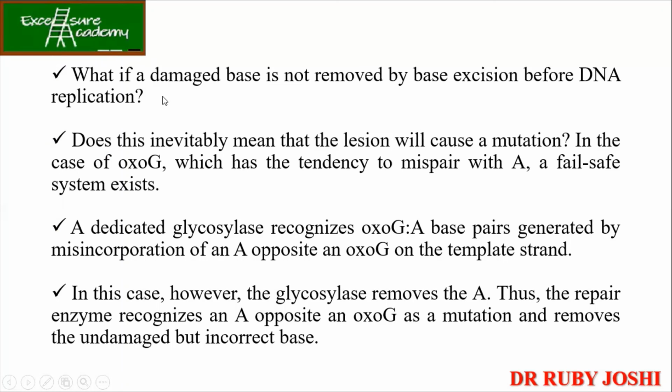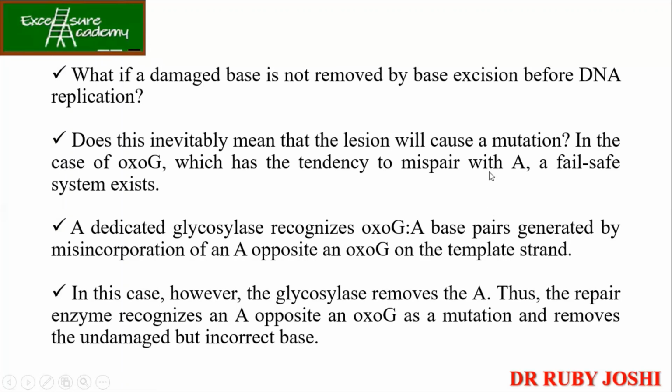Now the question is: what if a damaged base is not removed by base excision before DNA replication? What does it mean then? In the case of OXO-G, which has the tendency to mispair with adenine, a fail-safe system exists. What is that fail-safe system? A dedicated glycosylase recognizes OXO-G:A base pairs.